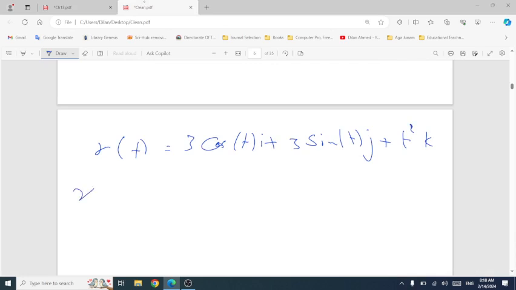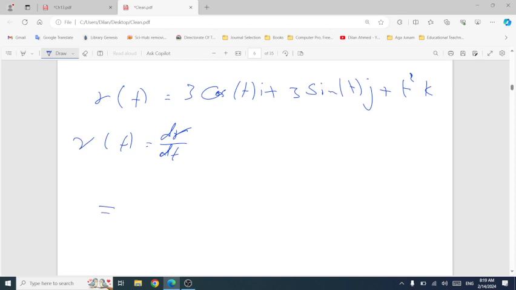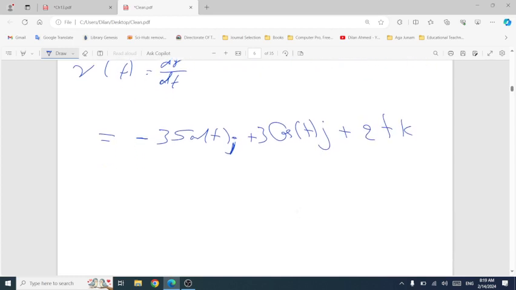Taking a derivative, I get minus 3 sine t i, 3 cosine t j, 2t k. Am I right?